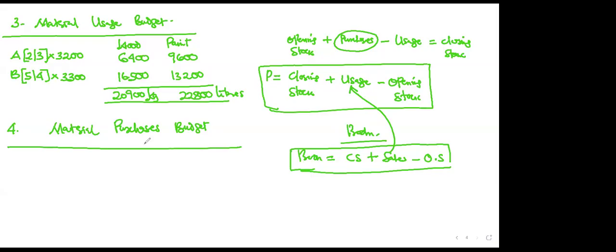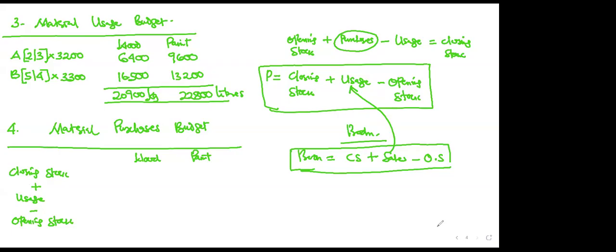So I can put my raw materials here: wood, and then paint. Then quickly, what do I have? Closing stock, plus the usage, then minus the opening stock.